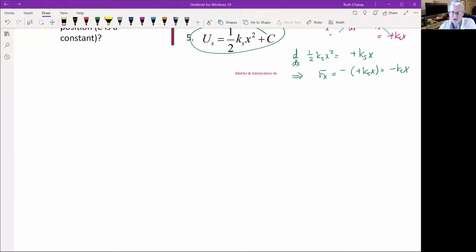We derived this saying that x was 0 at the equilibrium position, but a more general expression would be U spring is equal to a half k sub s squared plus some constant, because it could be y, it could be z, it could be whatever direction.